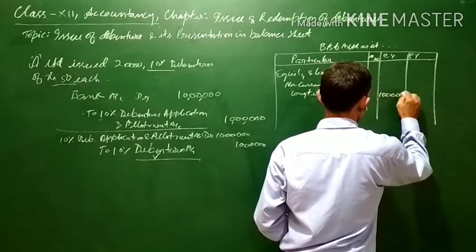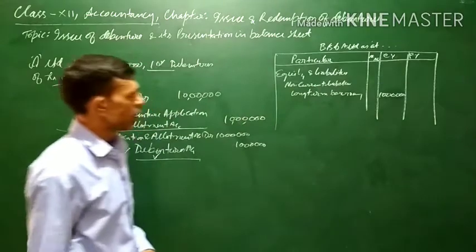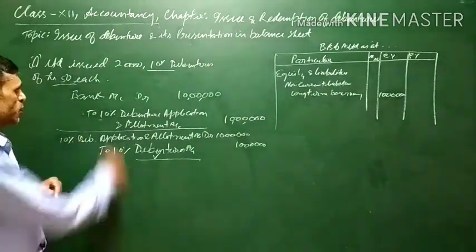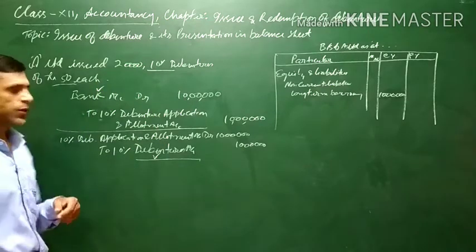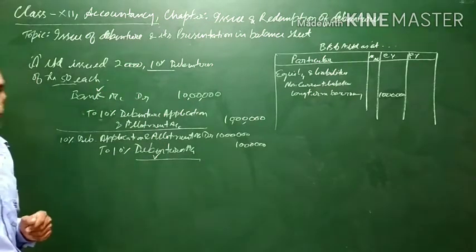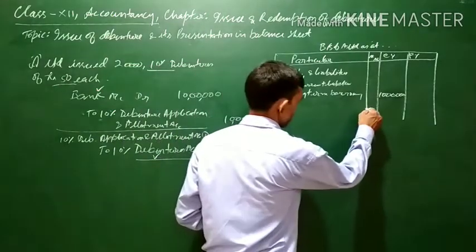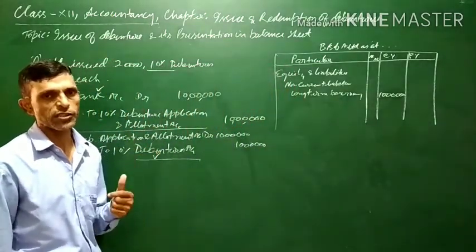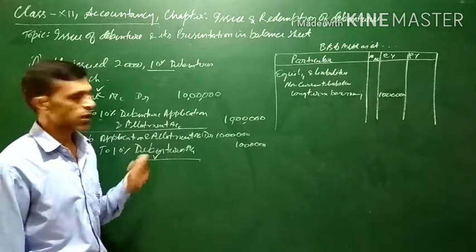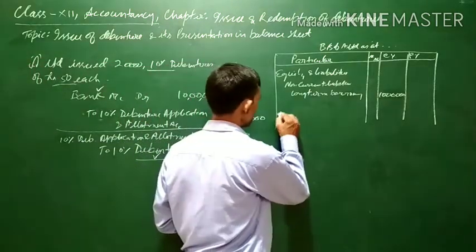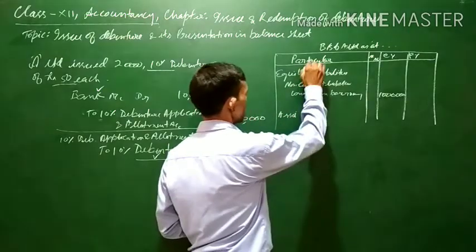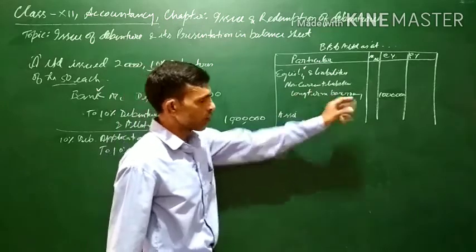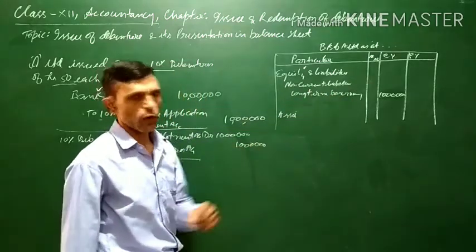Now, when we receive these debentures, we are also receiving money in our bank account. So it will form part of current assets, because the balance in the bank is part of the current assets also. So this was under the liability side, non-current liabilities, long-term borrowing.